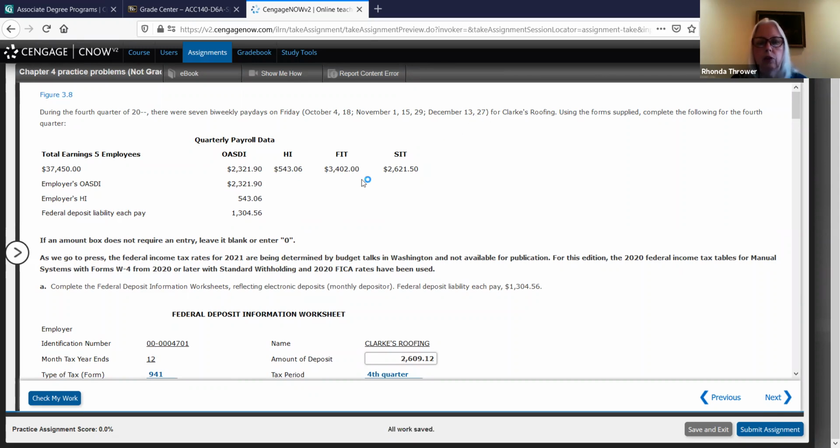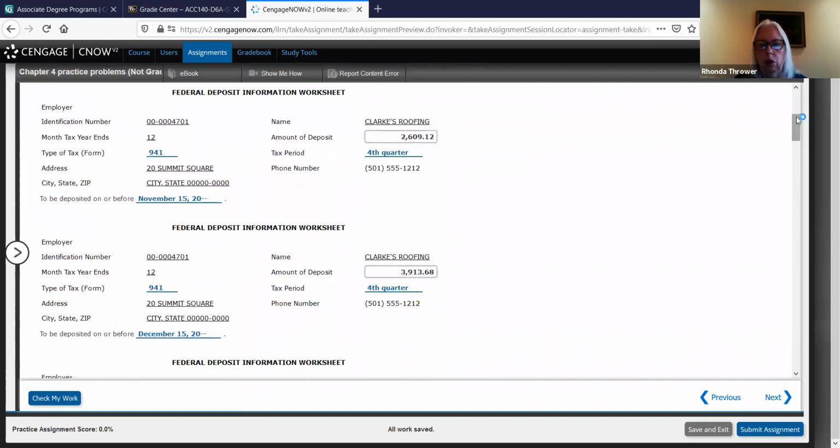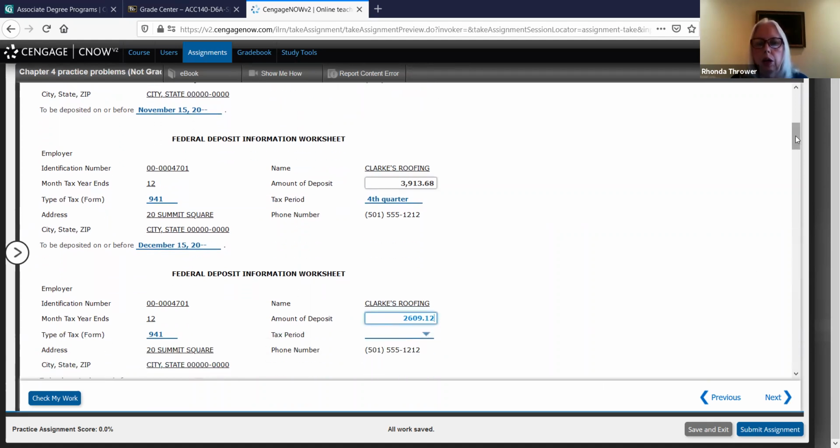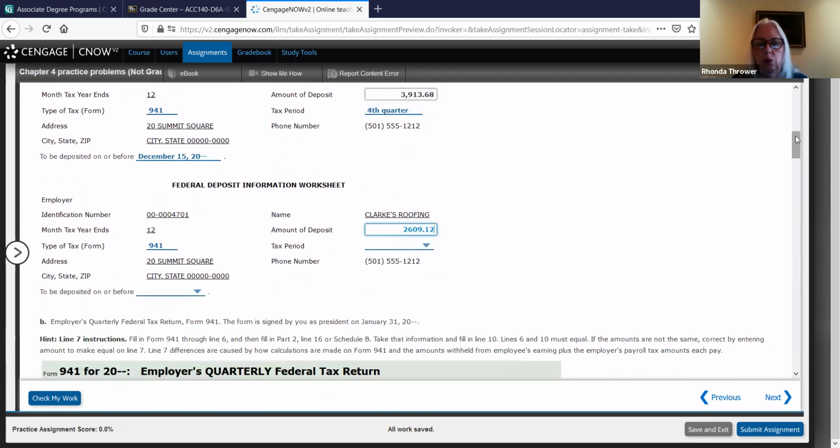So we'd multiply 2 pay periods by the amount each pay. 1,304 times 2 will give you the amount of 2609.12 that would go in for the 3rd month of this quarter.